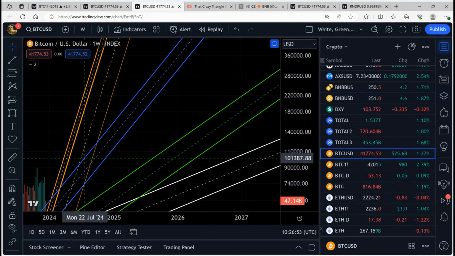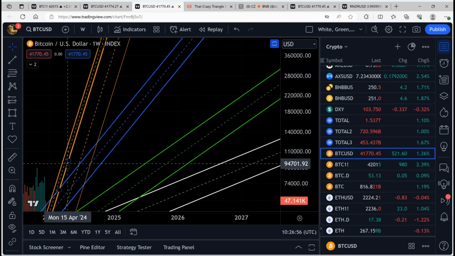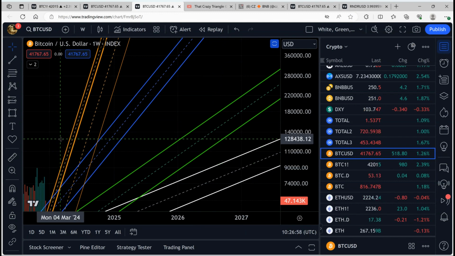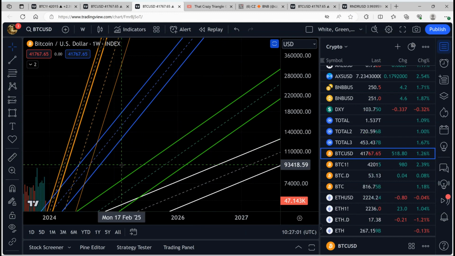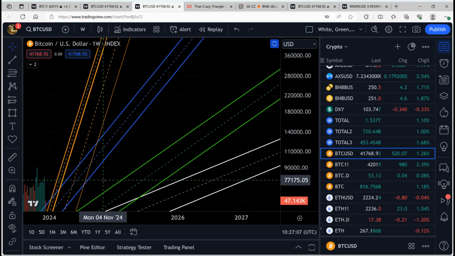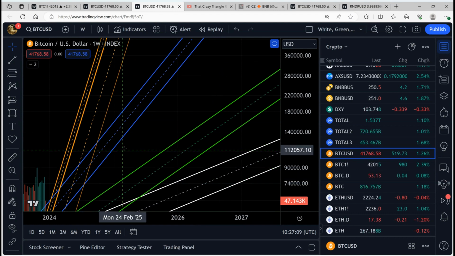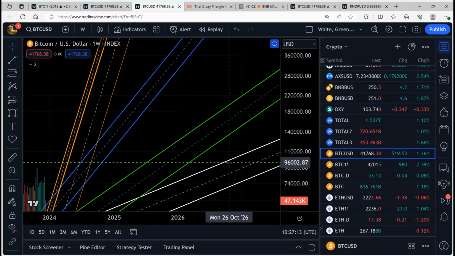So when we're sitting here at 44,000 and all the institutional guys are getting in, they know that long term they're still very, very safe. They're still getting in under $50,000 in another 4 years.